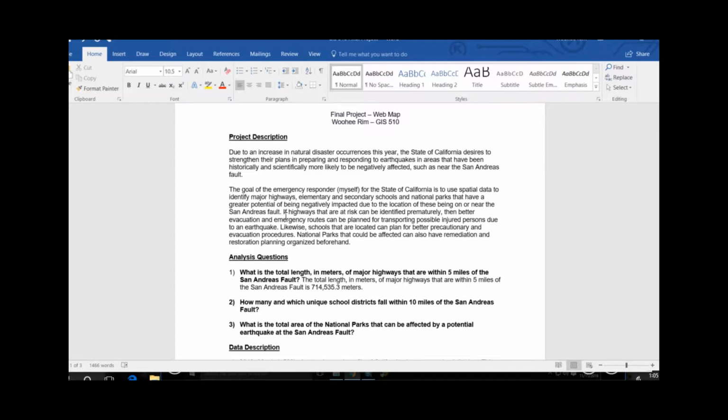If highways that are at risk can be identified prematurely, then better evacuation and emergency routes can be planned for transporting possible injured persons due to an earthquake. Likewise, schools that are located near the fault can plan for better precautionary and evacuation procedures. National parks that can be affected can also have remediation and restoration planning organized beforehand.